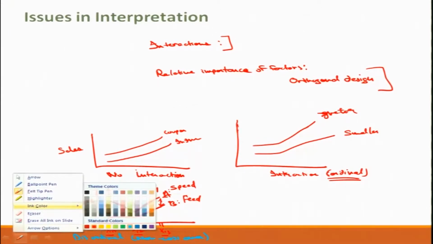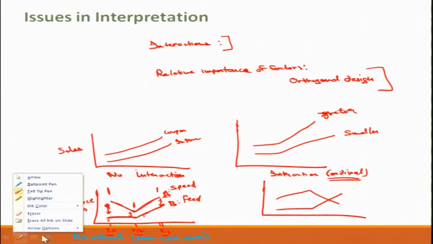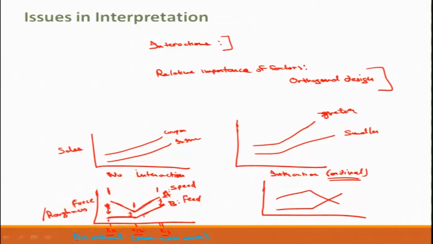Sometimes we can have the case, if I say the same case for different machines or for different material or for different tool-work combination or for different environment, it can behave something like this as well. So this is again disordinal, but we have crossover.